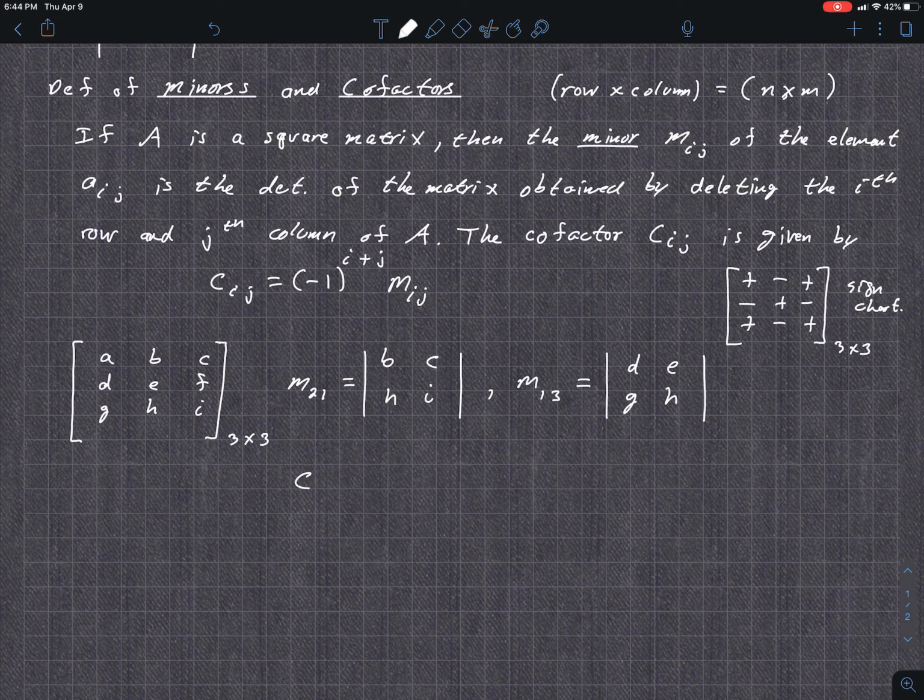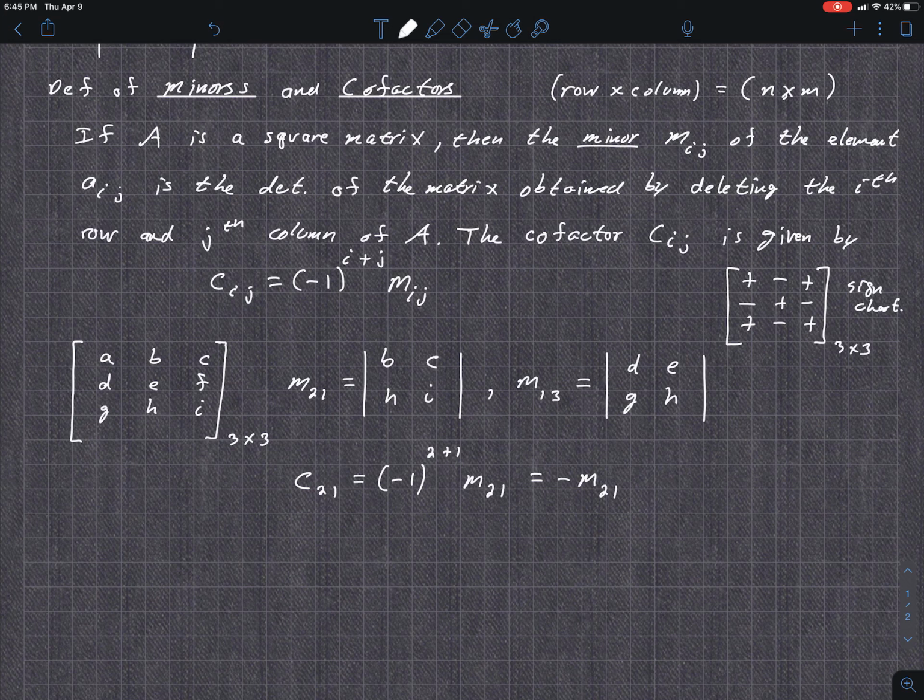And then let's calculate the corresponding cofactor. We'll do it using the formula basically. So C21 is going to equal -1 to the power 2 plus 1, you just add those up. So it's going to be negative, and then it's M21, which is above. So it just tells you what sign that's going to be.